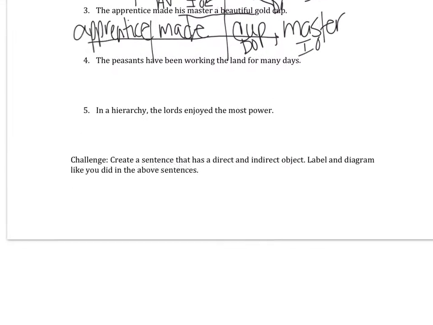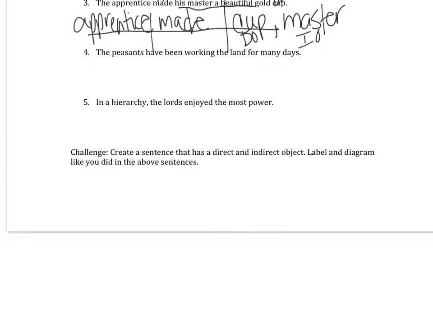Okay, we're getting close. A couple more. The peasants have been working the land for many days. Prepositional phrase. Okay, is there an action verb? There sure is. The action verb is working. Remember, with action verbs, sometimes we have helping verbs, and here we do have two.